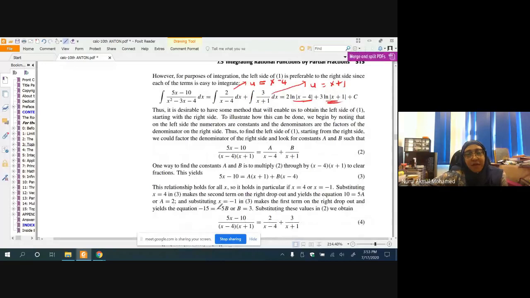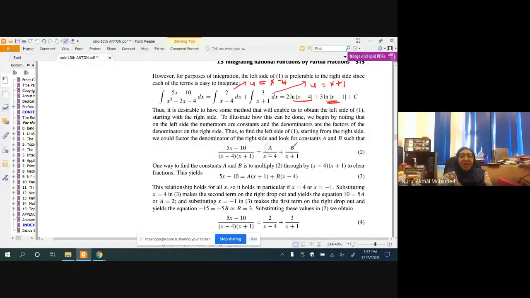Okay, so the procedure in solving partial fractions is, let's say you have these partial fractions, denote it as A divided by x minus 4 plus B divided by x plus 1.